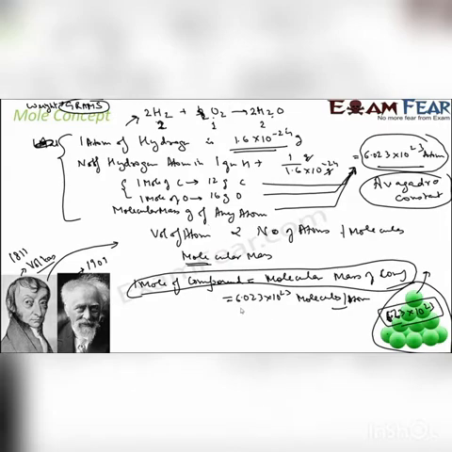So 1 mole means these many molecules or atoms, and these many molecules is nothing but molecular mass, because we have seen that these many molecules or atoms actually give the molecular mass of the atoms or molecules.